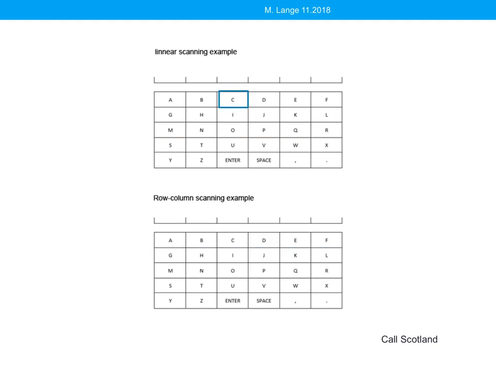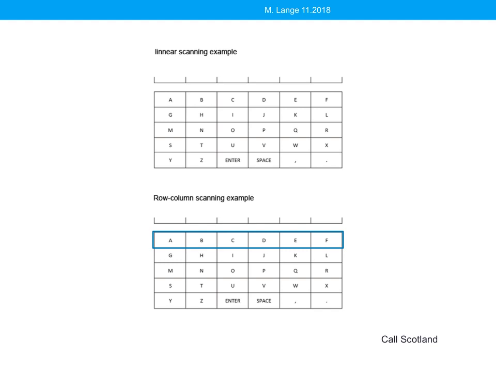So we're going to go A, B, C, D, E, F, and then it will drop down to the next row and continue that linear scan. So we hit the switch once. It will continue to move along until we hit the switch a second time to select whatever is highlighted. When we don't have a lot of choices, sometimes with younger children, linear scan might make more sense to them.